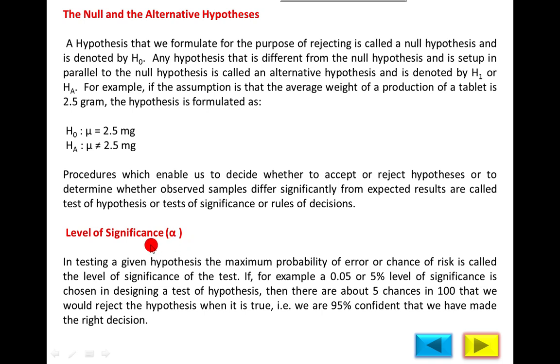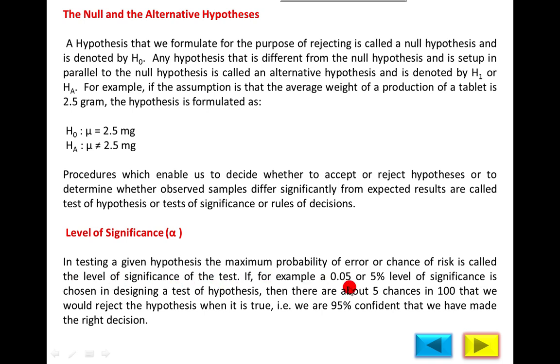Level of significance will also be used in testing of hypothesis. This is the first and second step: null hypothesis and alternate hypothesis in terms of definition. I will also explain in terms of mathematical notation. Level of significance, alpha. What is alpha? In testing a given hypothesis, the maximum probability of error or chance of risk is called the level of significance of the test.